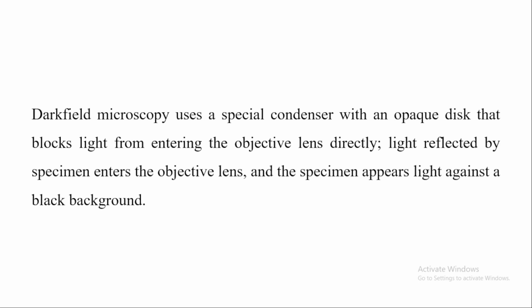So, dark field microscopy uses a special condenser with an opaque disc that blocks the light from entering the objective lens directly. Light reflected by the specimen enters the objective lens and the specimen appears light against a black background.